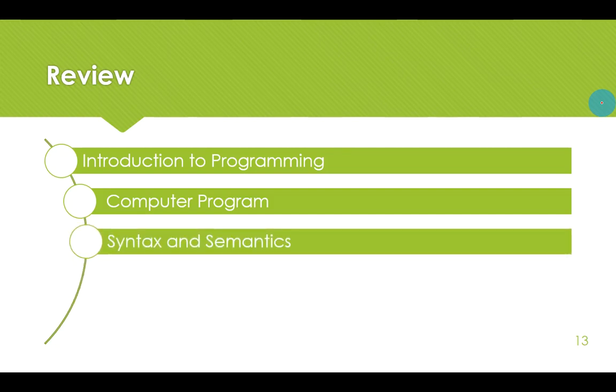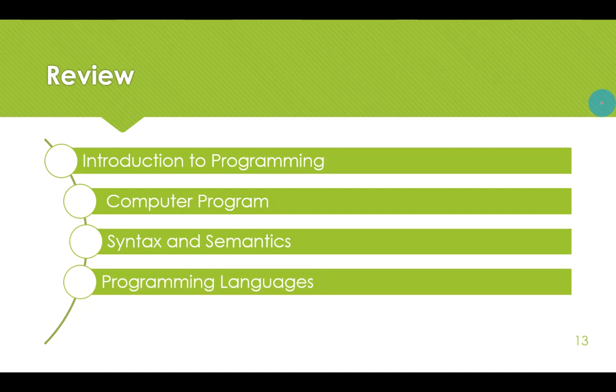Syntax and semantics. A computer program has 2 parts, syntax and semantics. Syntax is the grammar, or the rules to write a program, and semantics is the meaning of the statements which we have written in our program.